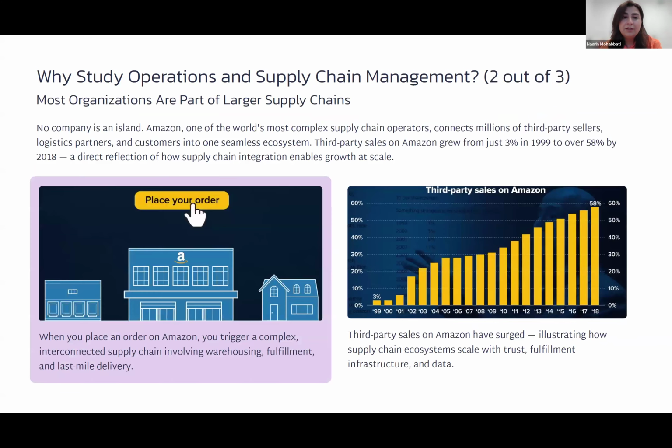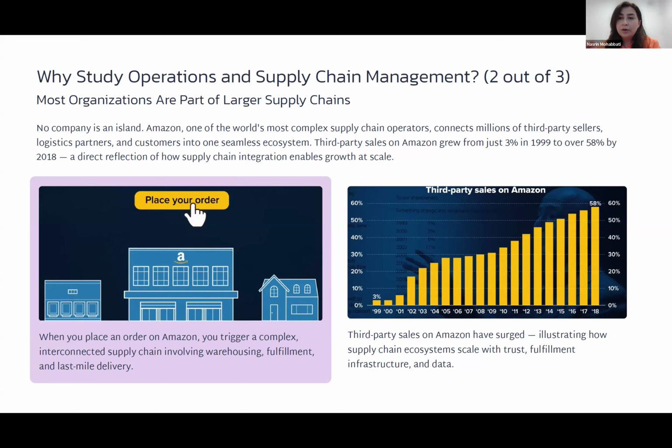So again, why are we studying supply chain management? Another reason is that supply chains are sometimes very complicated. Sometimes they're intertwined, and some organizations are part of larger supply chains. So let's consider Amazon. Obviously, Amazon sells a lot of different products.